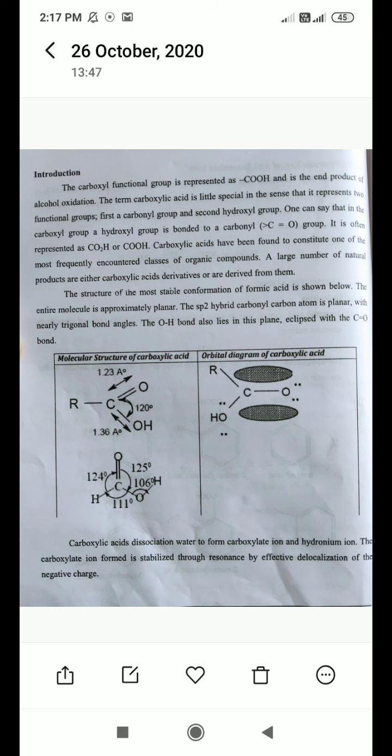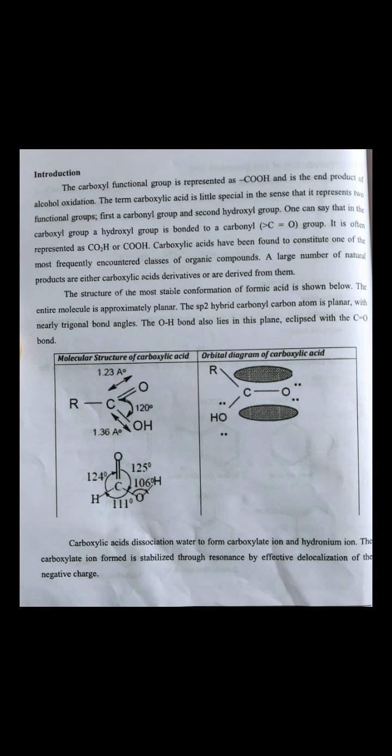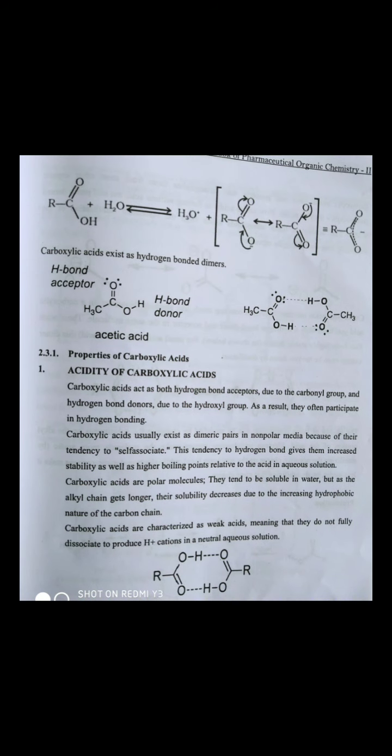But here, look at the carboxylic acid dissociating in water. If your carboxylic acid is treated with water, then it gives you hydronium ion, H3O plus, meaning the hydrogen ion from the acidic group, its proton, is donated to water, so it becomes hydronium ion.